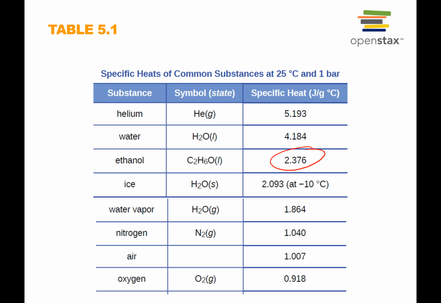And instead of water, it's going to be liquid ethanol. 1 gram ethanol. I abbreviate ETOH just because I'm lazy. It's in its liquid state. We are going to zap it. Notice instead of zapping it with 4.184 joules per gram degree Celsius, I'm going to have to only zap it with 2.376 joules of energy to get it to go from 14.5 to 15.5.